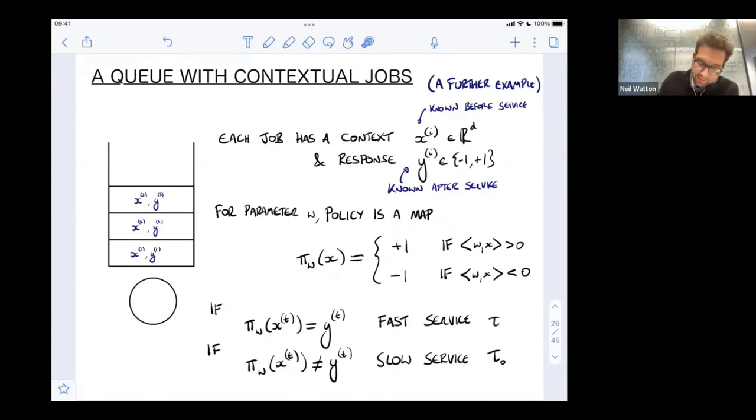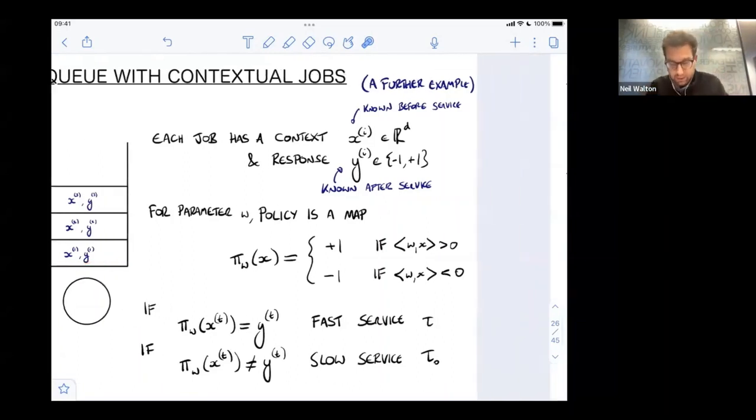We can assume that if I guess correctly, say my +1 equals the +1 of the response, then that customer gets served quickly. I've essentially routed the call in the correct way. And if I get it wrong, then they get slow service because I routed the call incorrectly, okay? So essentially we can imagine a queue like this, and this fits into the framework I described earlier.